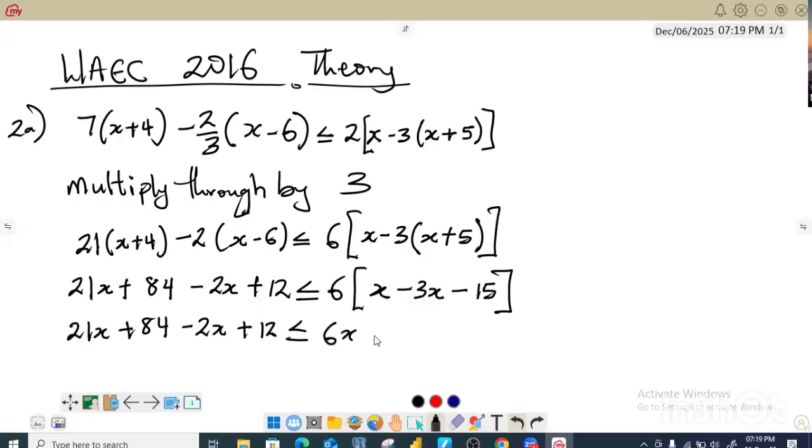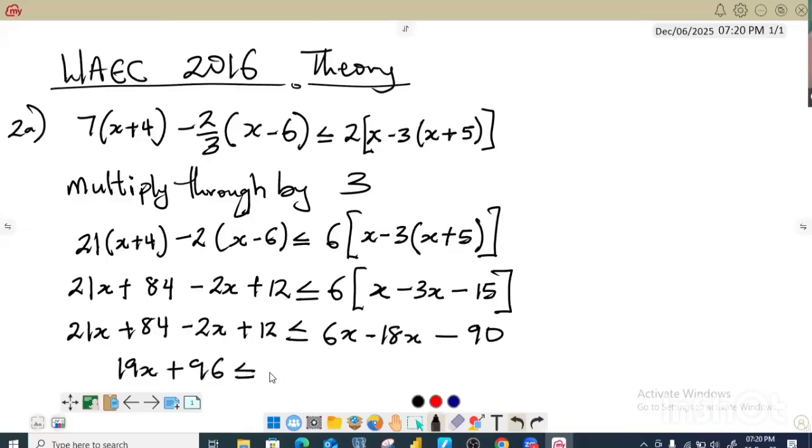We have 6x minus 18x. 6 times 15 will give us what? 90, right? Okay, let's first reduce this long equation. 21x minus 2x will give us 19x. 84 plus 12 will give us 96.